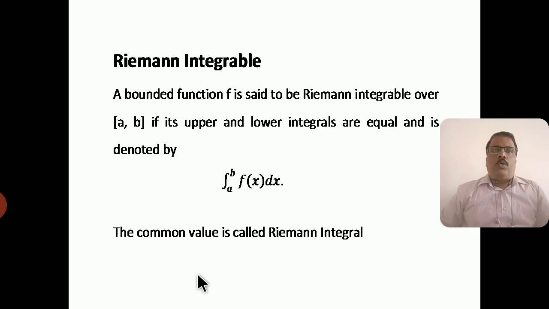If its upper and lower integrals are equal, then we say that the function f is Riemann integrable, and it is denoted by integration from a to b f(x) dx. And the common value is called the Riemann integral.